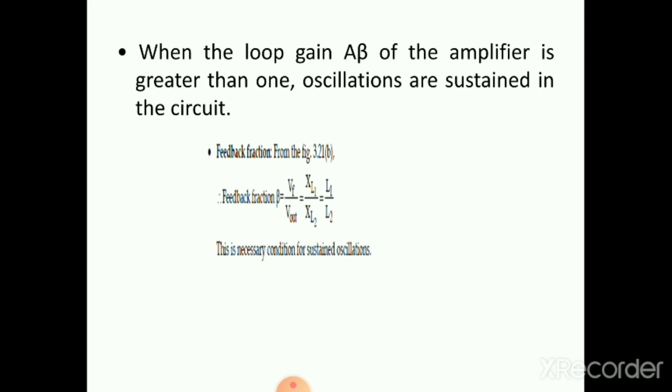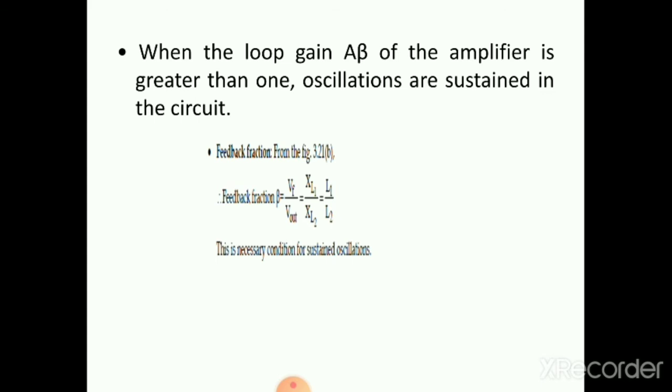So the feedback fraction beta is equal to Vf by V out, the feedback voltage by the output voltage, which is an input to this feedback circuit. Here Vf is across L1 and V out is across L2.